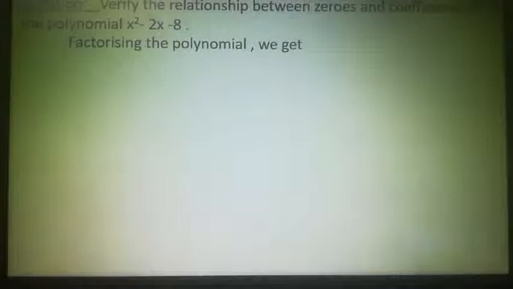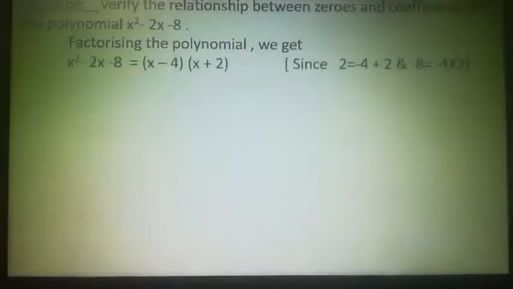So x square minus 2x minus 8 can be written as x minus 4 into x plus 2. Here this minus 4 and 2 we have guessed by the values. By splitting the middle term, the sum of two numbers should be the coefficient of x, the middle term coefficient, that is negative 2.